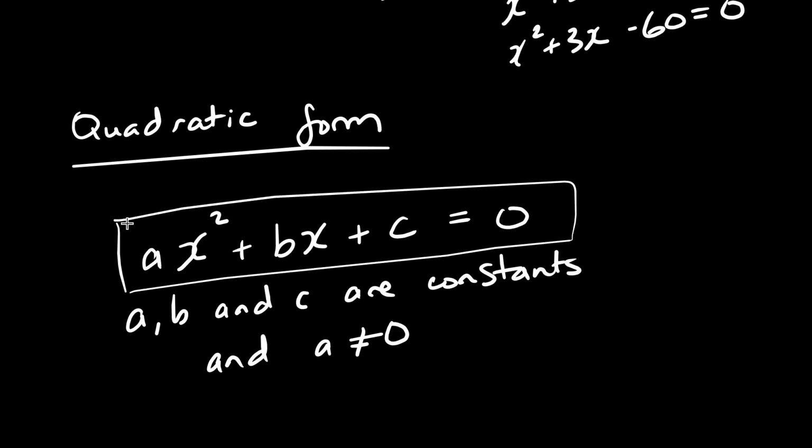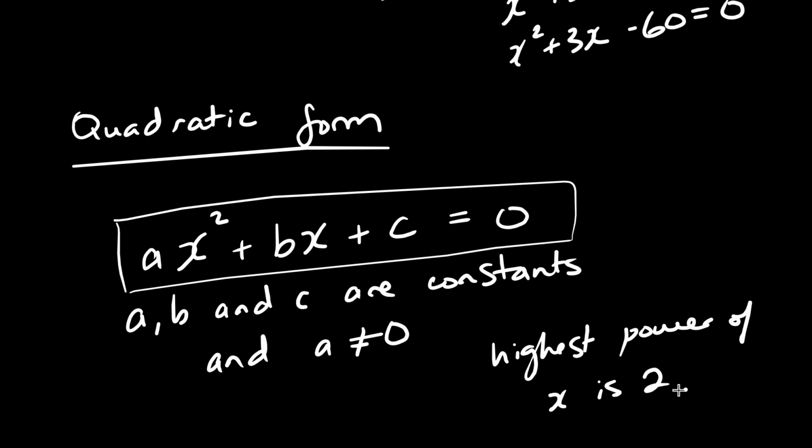That's the form that we're used to, and all it means for us is that the highest power of x is 2. So we have x squared. And that is the basis on which we start looking at quadratics in terms of what they are.